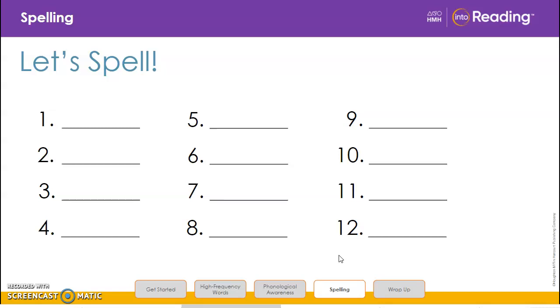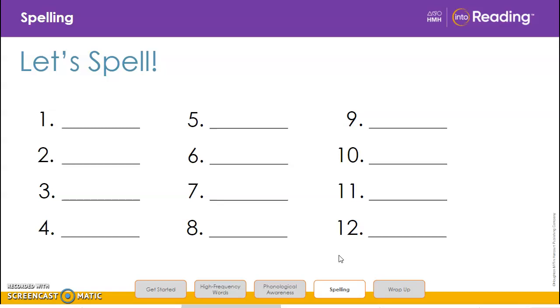I will say a word and a sentence that uses that word. Listen carefully and use your best handwriting to write the word I say. Ready? Log. Mom put a log on the fire. Log. Number 2, not.